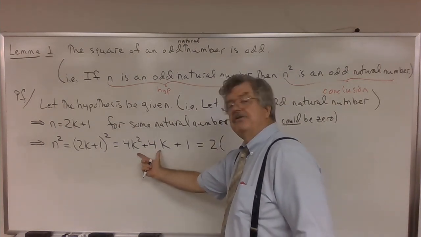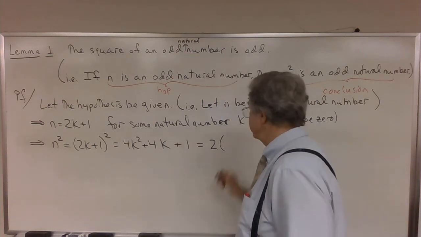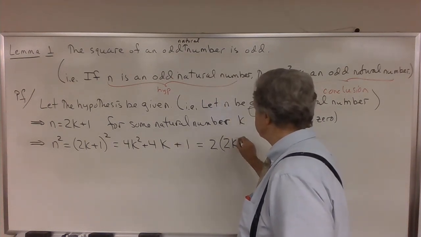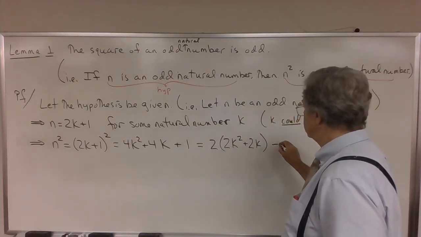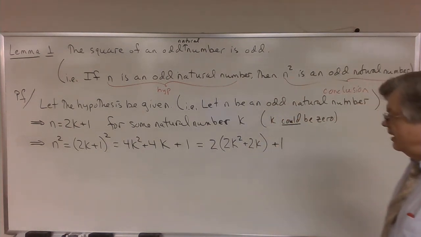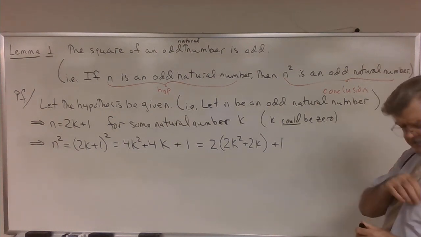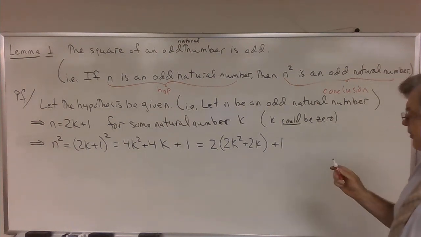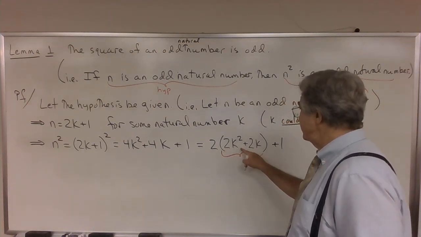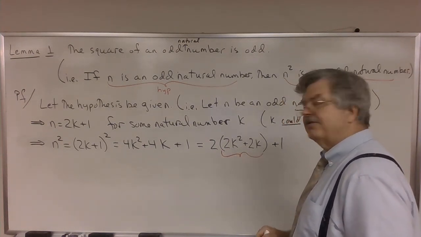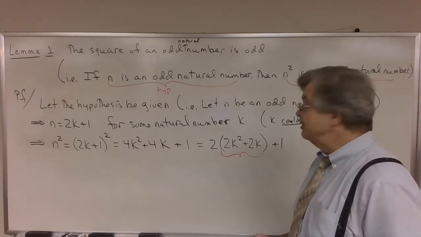I can factor a 2 out of both of these terms, can't I? And that looks useful. This is a natural number. k is non-negative. So at the very least it's 0, but it could be larger.